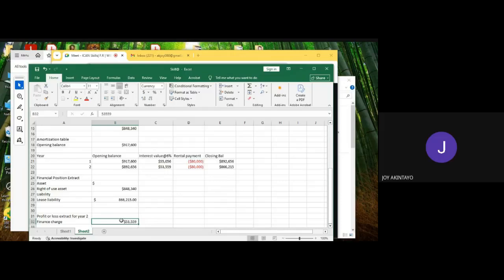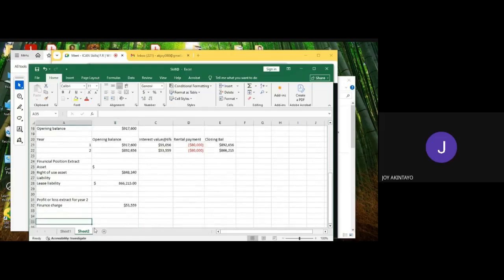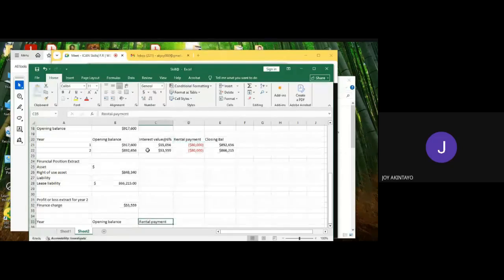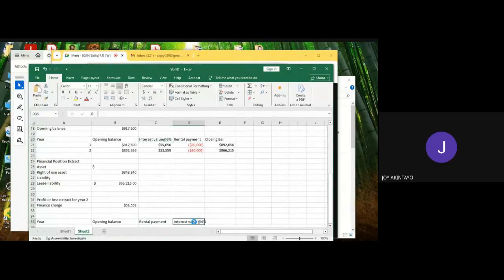Are we together? So this will just change. Your opening will still be the same. Then your rental payment will be here, just change your position. Then your interest, then your closing balance.